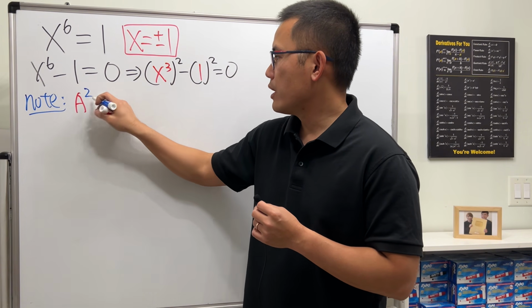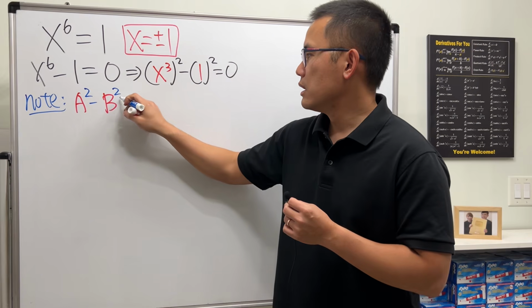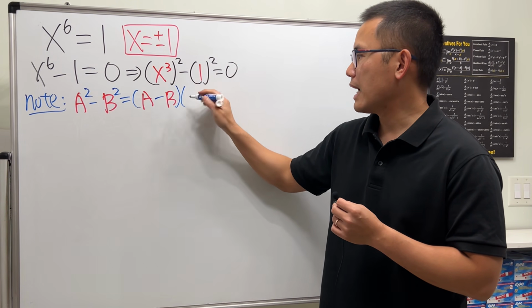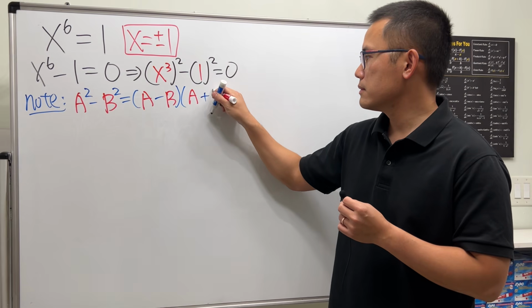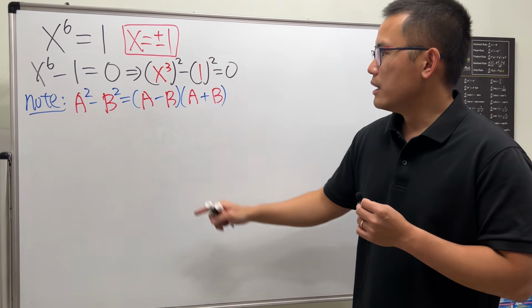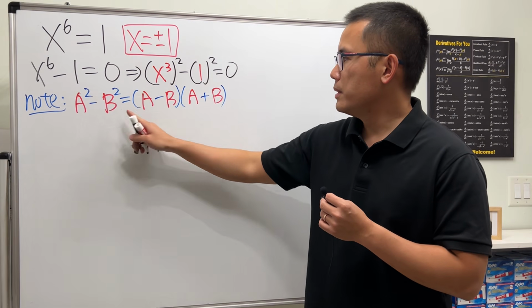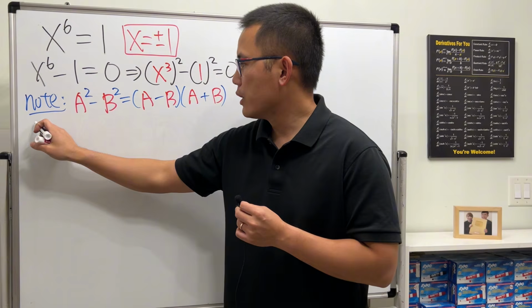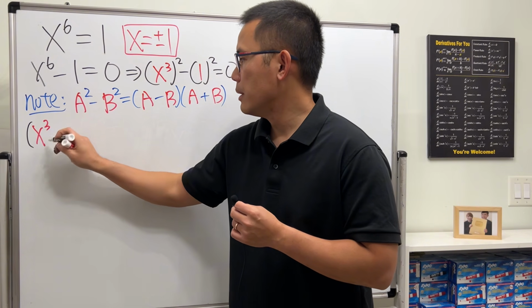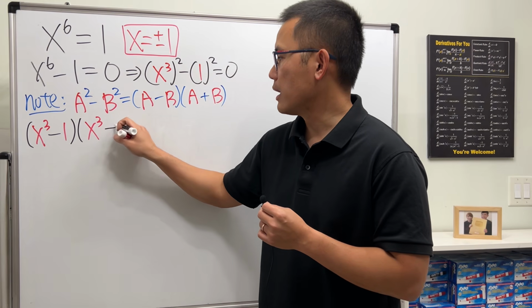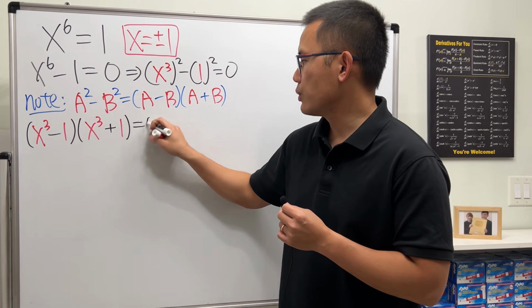If we have a squared minus b squared, this gives us a minus b times a plus b. And that's the difference of 2 squares formula. In this case, a is x cubed, b is just 1. So applying this formula, we will get x cubed minus 1 times x cubed plus 1, and that's equal to 0.